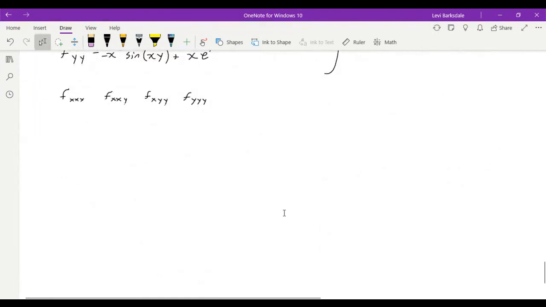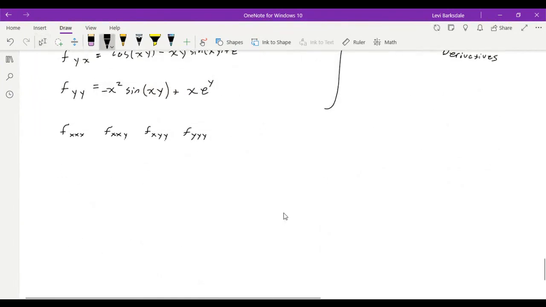This is where I want to bring up something else. The other partials you might think are there would be, what if we did with respect to x twice, but we did with respect to y first? Or x, y, x. The cool thing about this is these derivatives are all actually the same as long as they have the same number of x's and y's in the bottom.